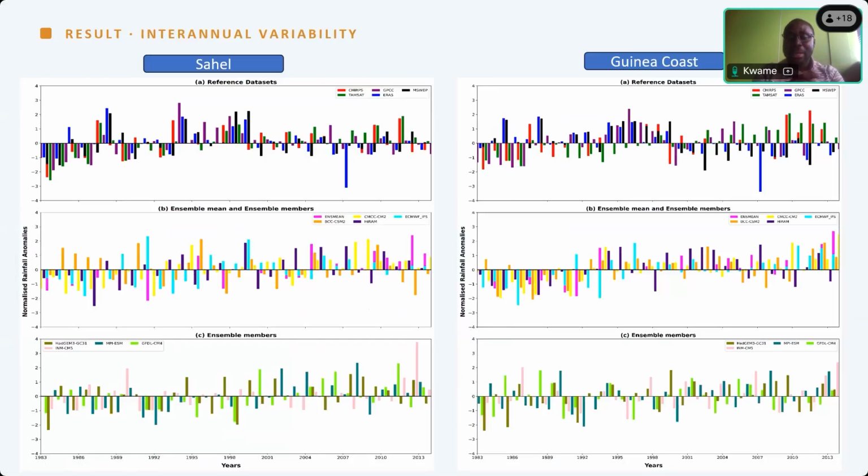A general look at the picture shows that, for instance, over the Guinea Coast, most of the models give a completely dry period from 1983 to the early 1990s, where there was less precipitation. However, when you compare it to the reference data, there are a few reference data sets like the ERA 5 and the MSWeb that showed a few non-dry seasons during this period.